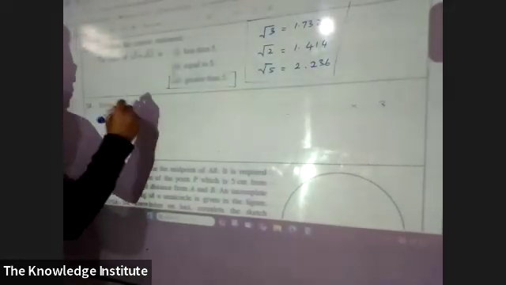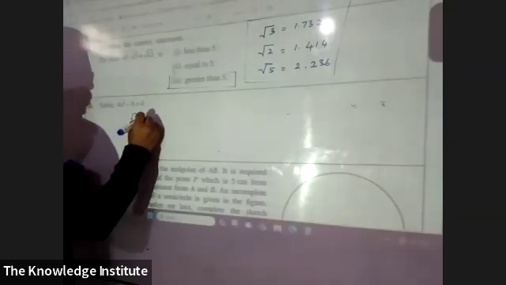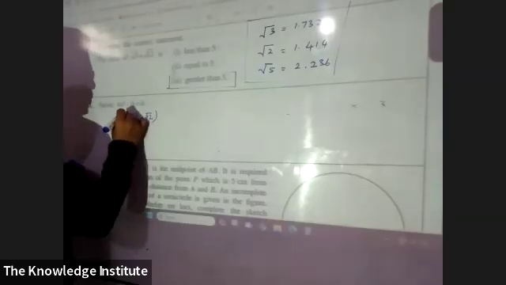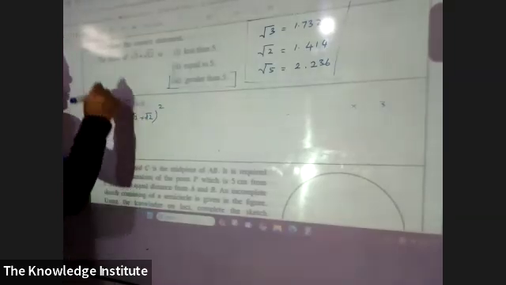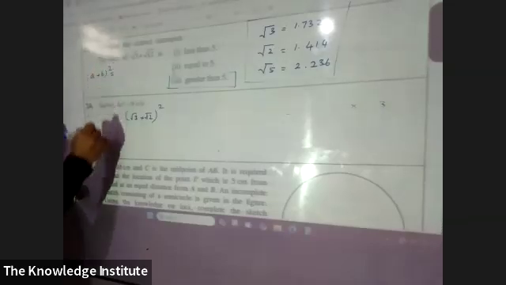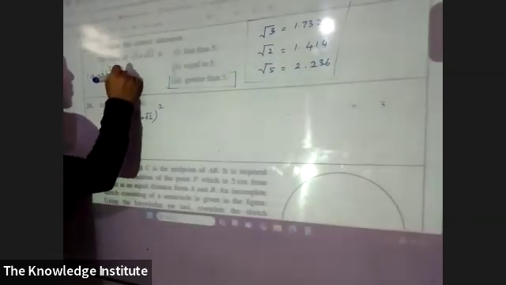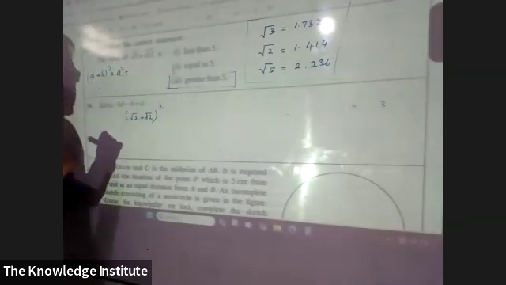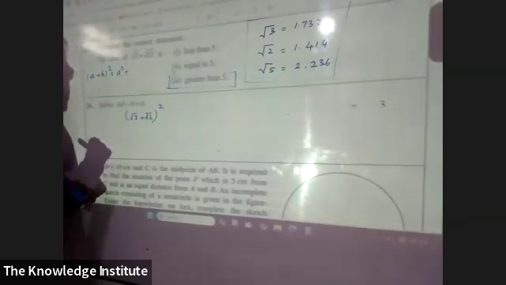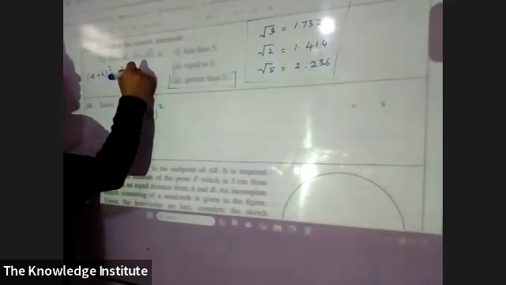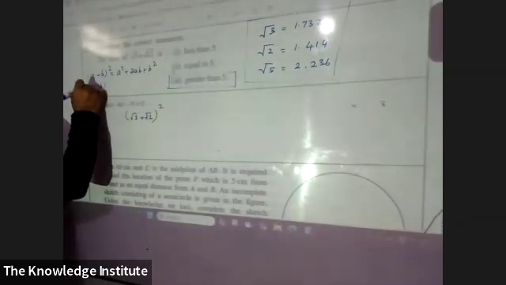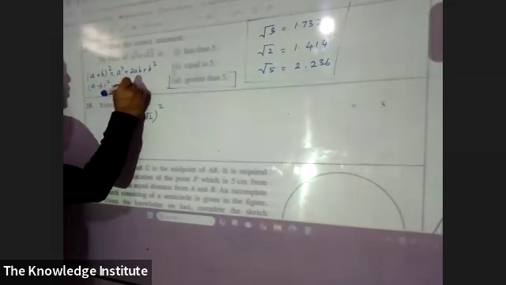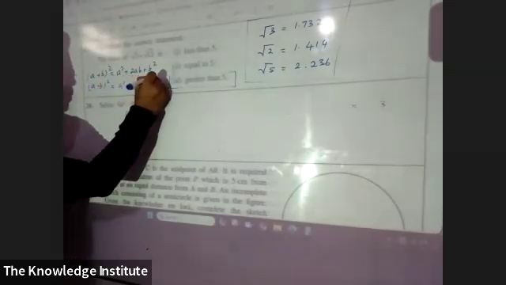So here I take this term, root 3 plus root 12, and square it. (a plus b) squared is equal to a squared plus 2ab plus b squared. (a minus b) squared is a squared minus 2ab plus b squared.